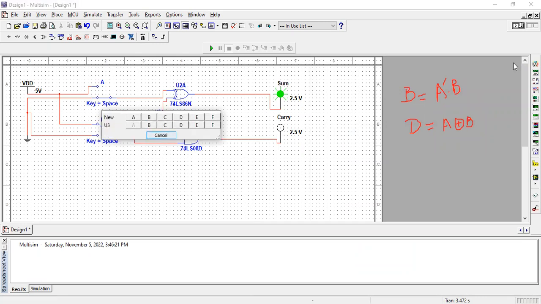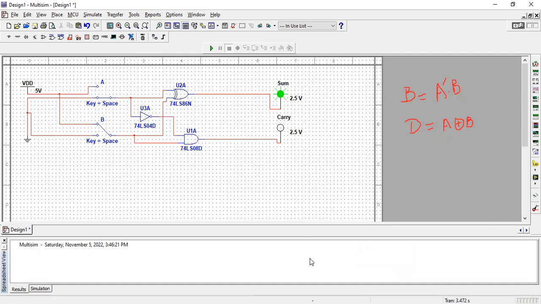Now you can see that I have a NOT gate, and I'm going to connect this NOT gate. Unfortunately, I just connected this NOT gate with my input. It means I now have A, then A complement, and this A complement is now being connected over here.